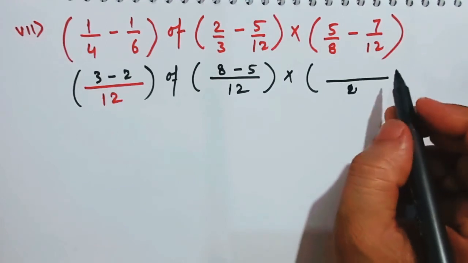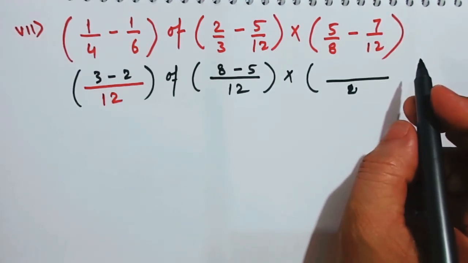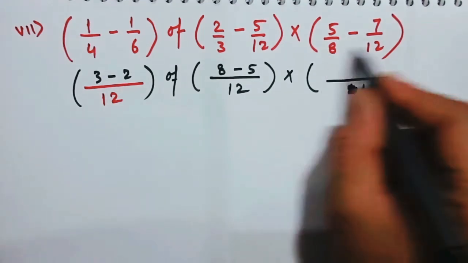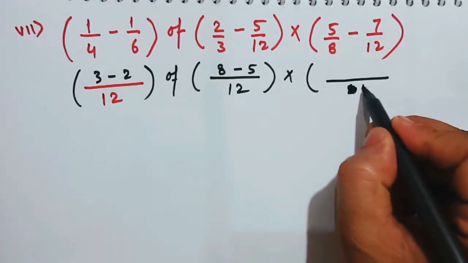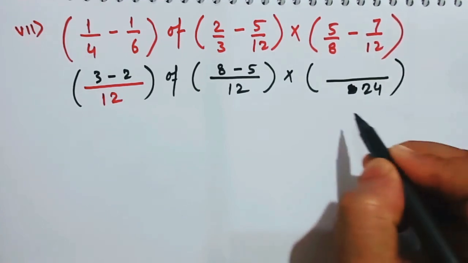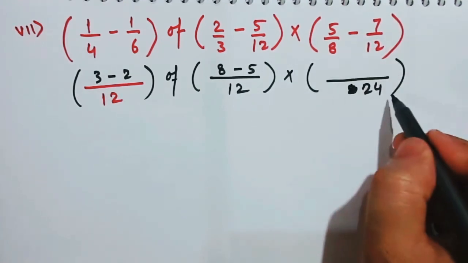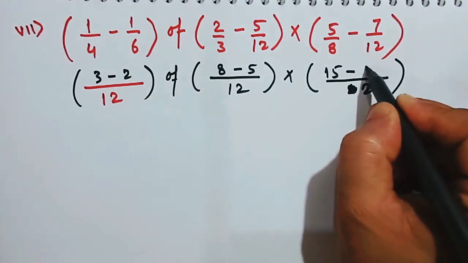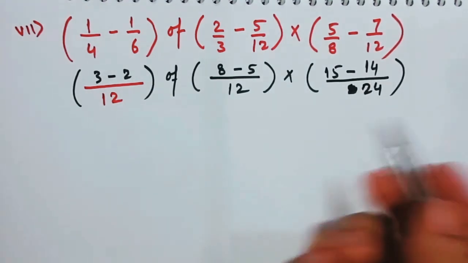For LCM of 8 and 12, 8 3s are and 12 2s are, here it will be how much? It will be 24. Yes, 24. Come on. So 8 3s are 24, 5 3s are 15 minus 12 2 times, 7 2s are 14. 1 by 24.